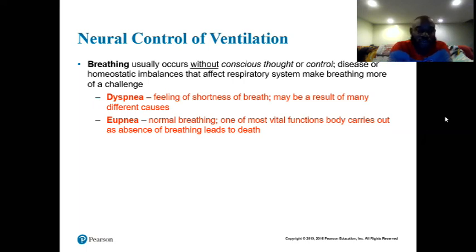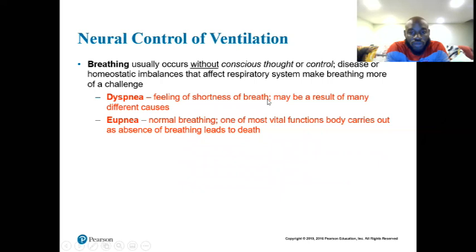All right, so we do have some terms here. Dyspnea, a feeling of shortness of breath, may result from many causes. But what we generally want is normal breathing. We want to normally breathe. We want normal tidal volume to be happening.